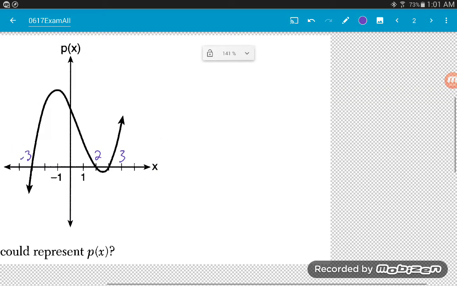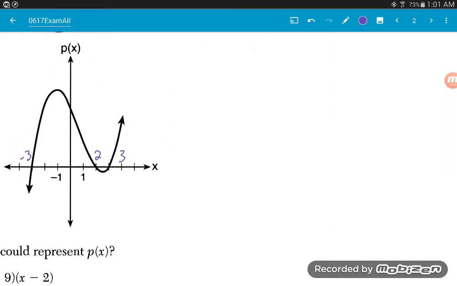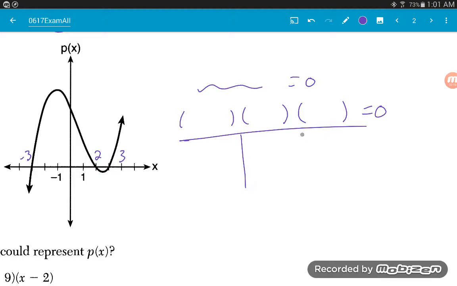What that means is, if I had a polynomial function equal to 0, and I was able to factor it, and I get these factors down equal to 0, and I t-charted it, just like we always do, essentially they're saying that my answers would be -3, 2, and 3.